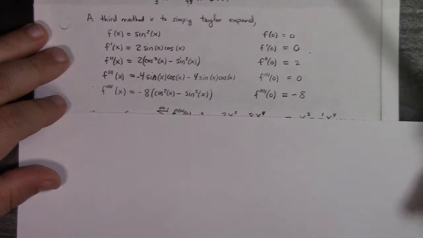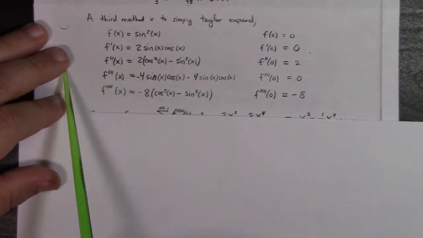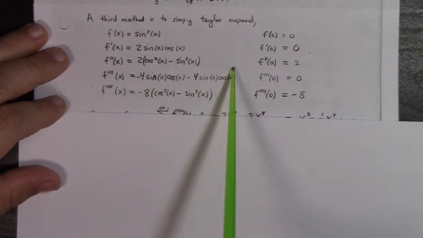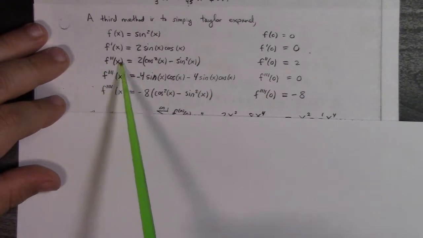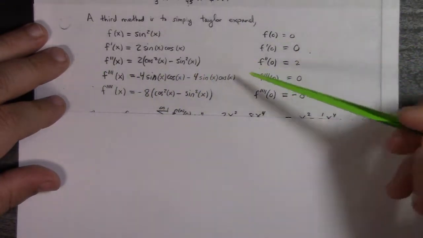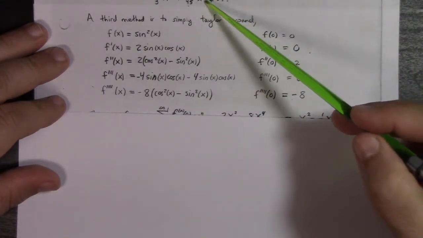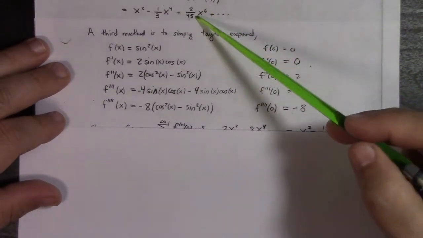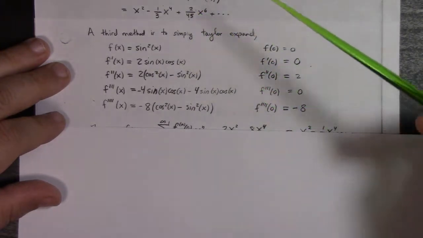I assure you, of the calculus students I teach, there are very few who can get past the second derivative correctly. So I think this is a dangerous game for you guys because you're bad at differentiation, honestly. But you have to calculate pretty far to get that. You have to calculate the sixth derivative to get to that 2/45 term. That requires calculation of the sixth derivative of this, which is just a mess.